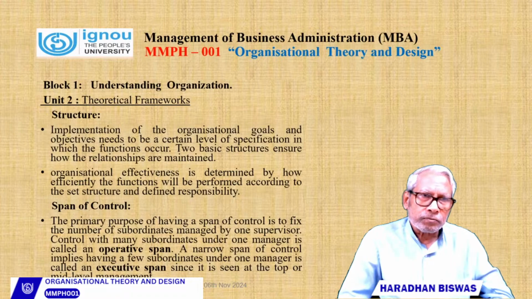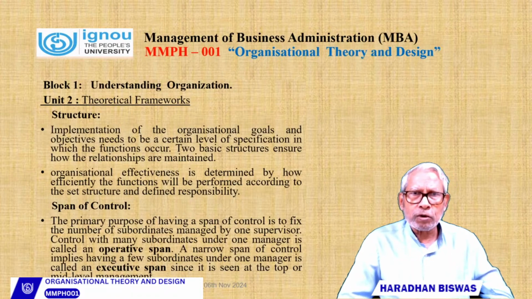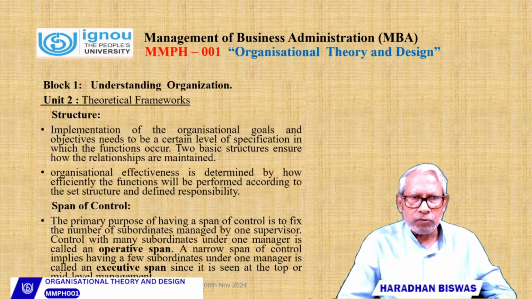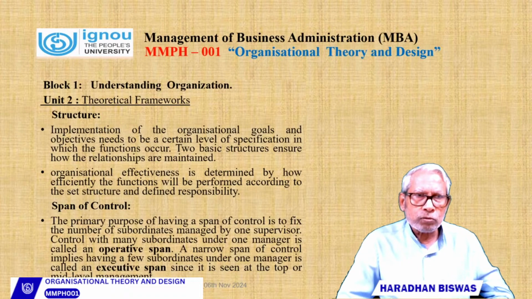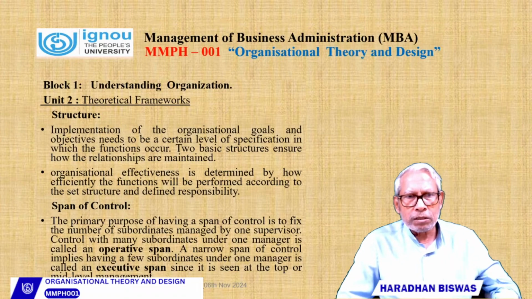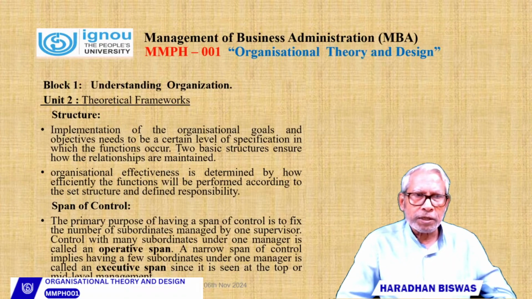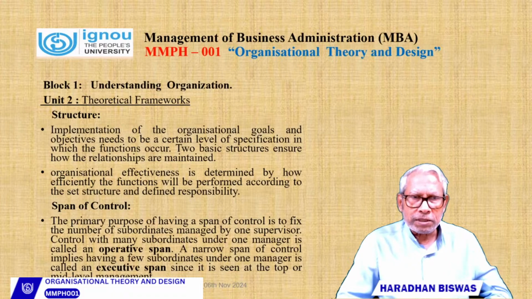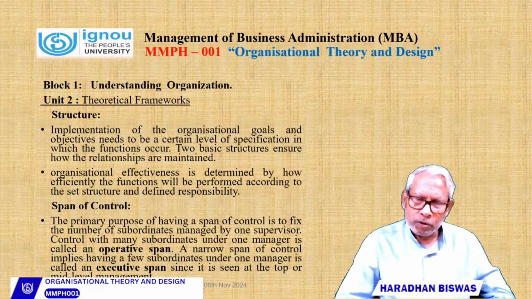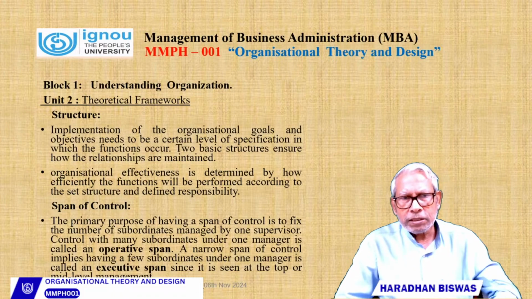Then structure. It is the implementation of the organizational goal, and the objectives should have a certain level of specification within which the functions occur. Two basic structures ensure how the relationships are maintained. Organizational effectiveness is determined by how efficiently the functions are performed according to the set structures and defined responsibility.